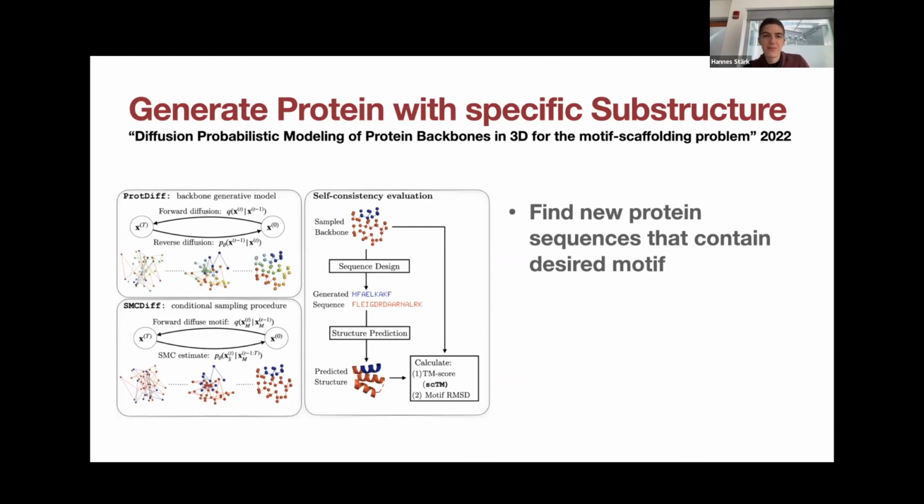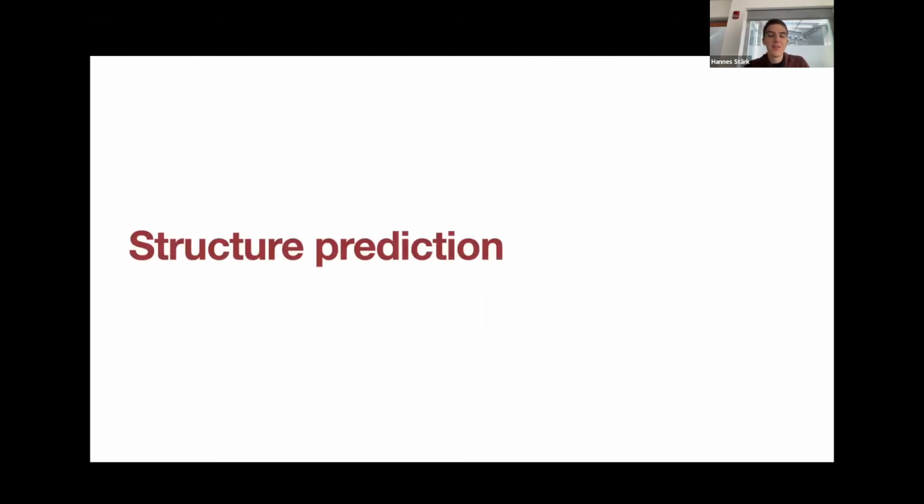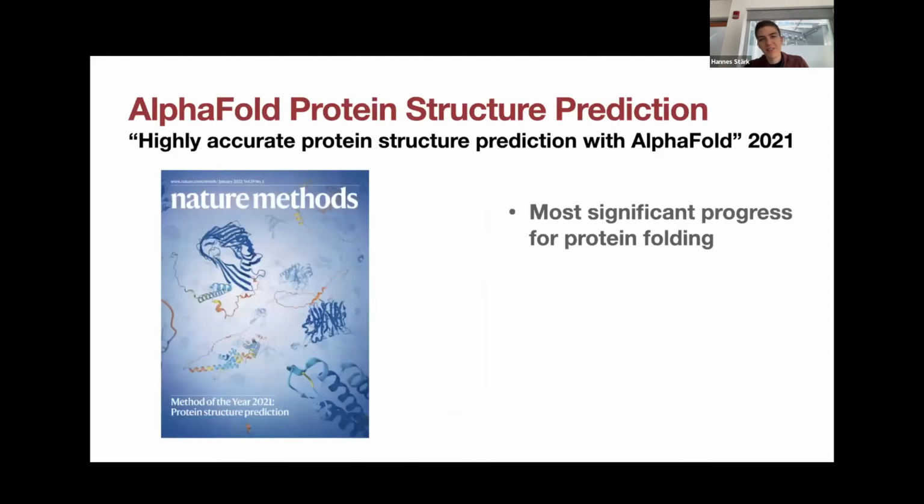And that would be my quick overview of the design and generation area. And then I want to get to structure prediction, because there we of course have AlphaFold, which I already talked about in quite some detail. And this is maybe really one of the largest innovations in science that has been achieved with machine learning.